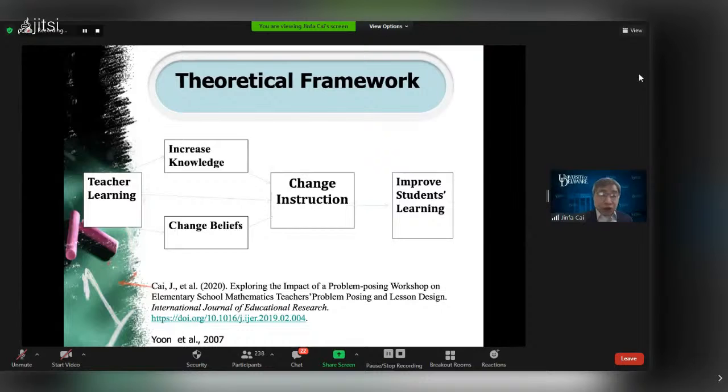Hopefully, through teacher learning, they could increase their knowledge about problem posing and problem posing instruction, and could change their beliefs about problem posing and problem posing instruction. After that, they could change their classroom instruction, and eventually improve student learning. So the project is designed in this way, looking at different aspects.